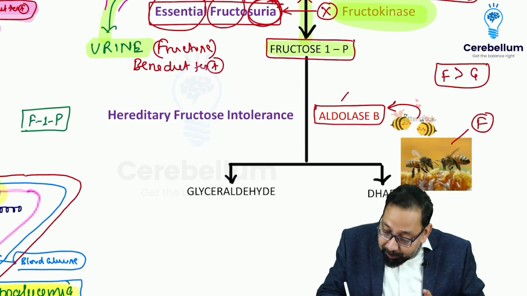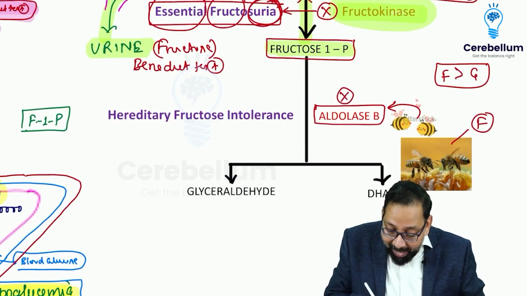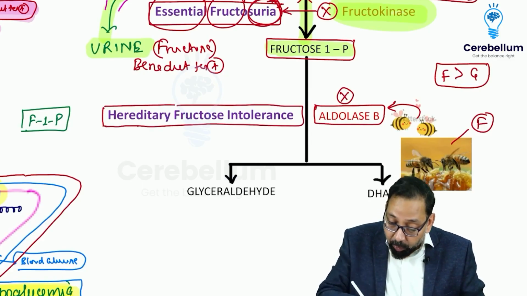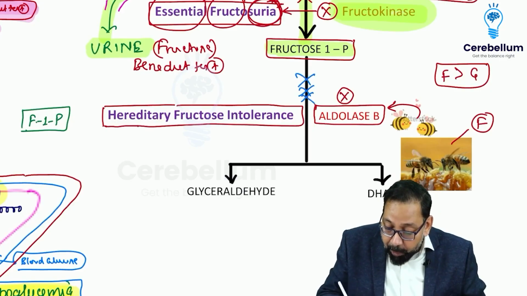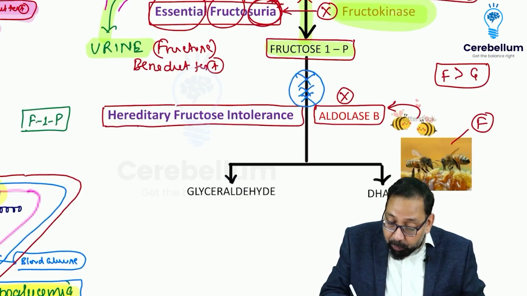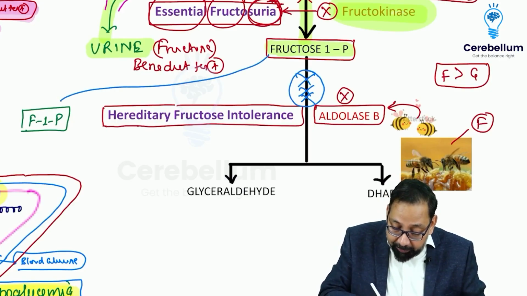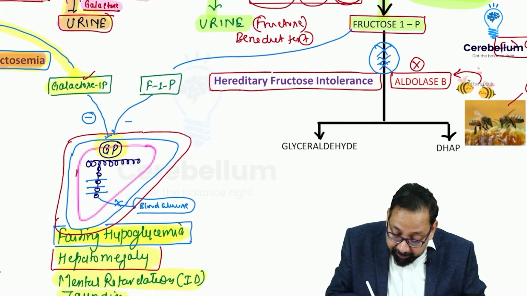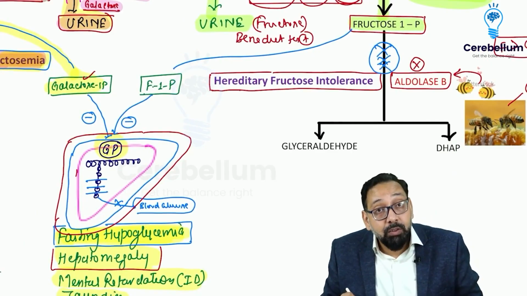If aldolase B is deficient, this is called hereditary fructose intolerance. In hereditary fructose intolerance, this step would not occur. When this step does not occur, fructose 1 phosphate will accumulate. And this fructose 1 phosphate, again the same concept, inhibits glycogen phosphorylase.